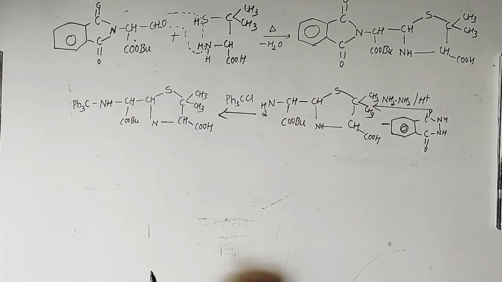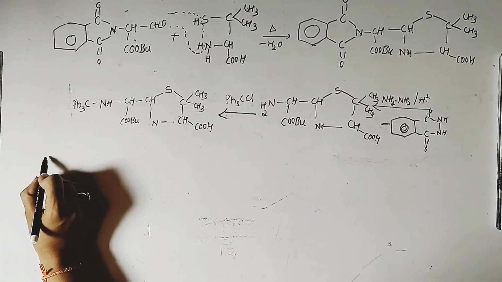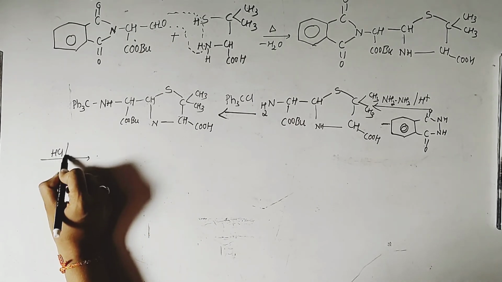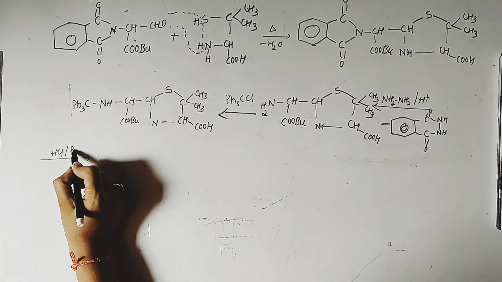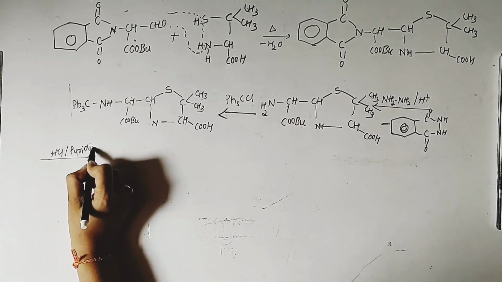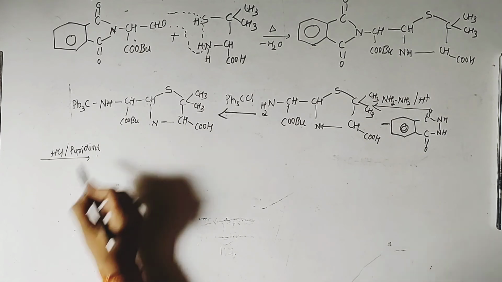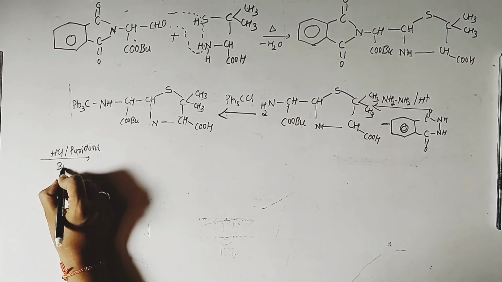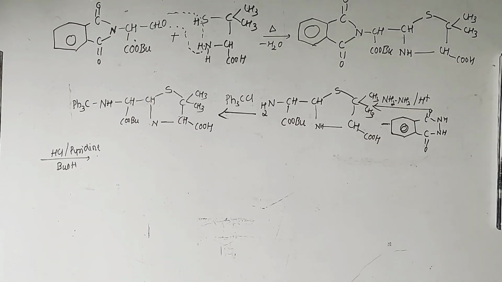So now we will remove this tertiary butyl group by simple hydrolysis. And the hydrolysis takes place in presence of hydrochloric acid and pyridine as a base. So HCl that leaves in presence of pyridine. Here this tertiary butyl group is eliminated as butyl alcohol, that is tertiary butyl alcohol.